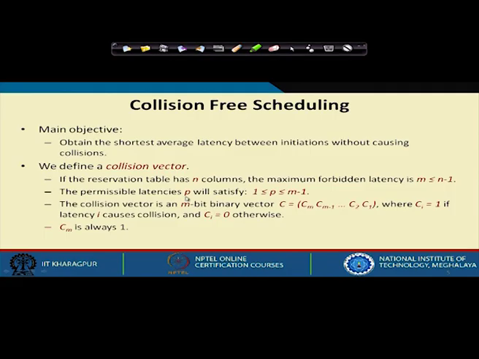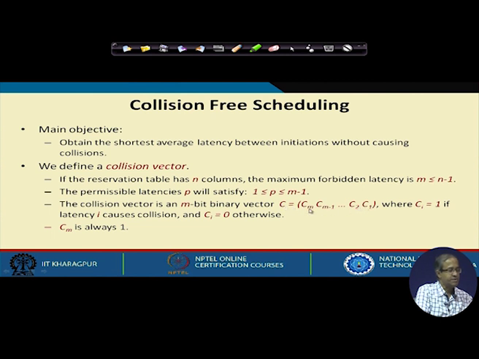Anyway, I will be waiting for 6 time cycles to feed the next data. That is not a good way of scheduling. So, we will say that the permissible latencies p will satisfy this inequality. Maximum forbidden latency is m and minimum is of course 1. Now, we define the collision vector as an m-bit vector, where m is this maximum forbidden latency.